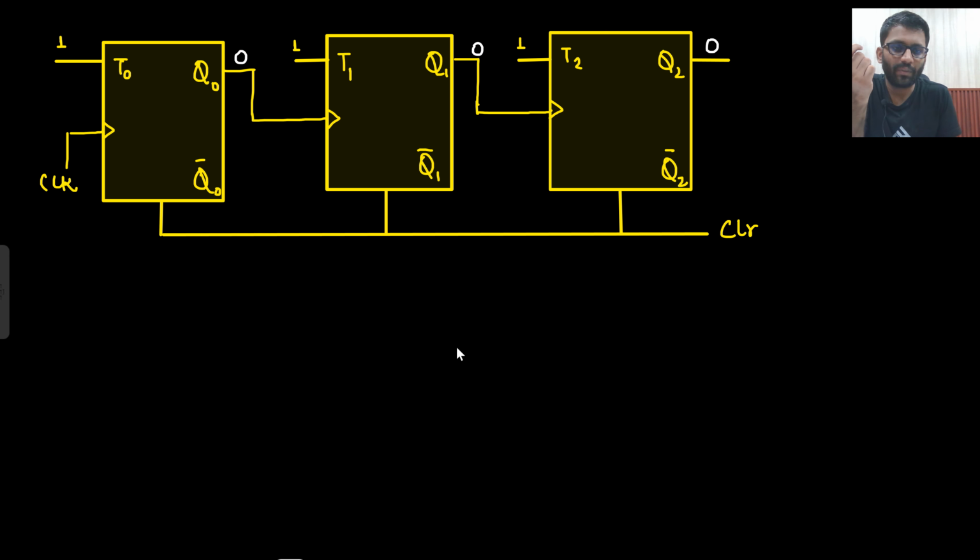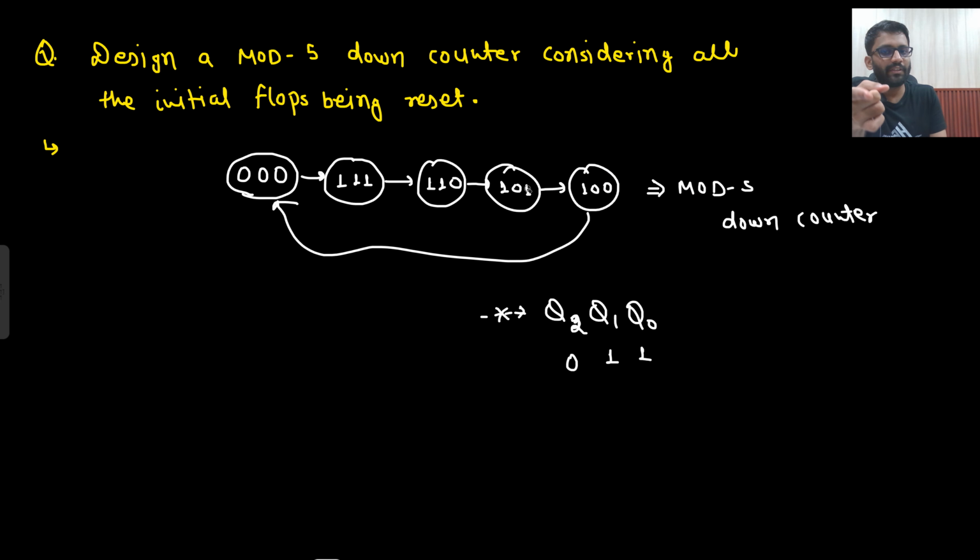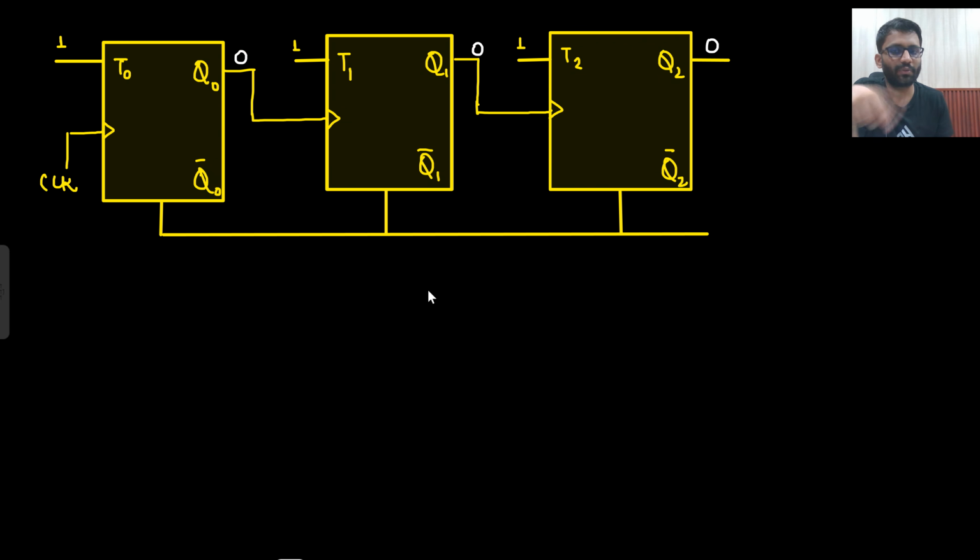The initial state is 0 0 0, and you go from 0 0 0 to 1 1 1, 1 1 0, 1 0 1 and 1 0 0. After that you need to clear your output. What clear will do is take all the outputs to 0. So here I will require a clear signal.